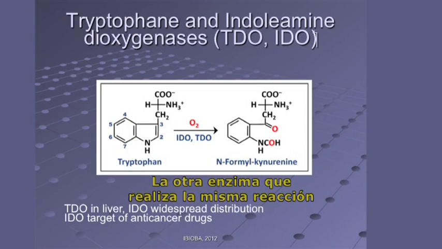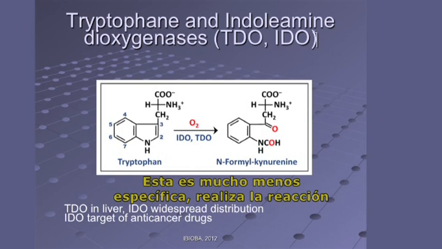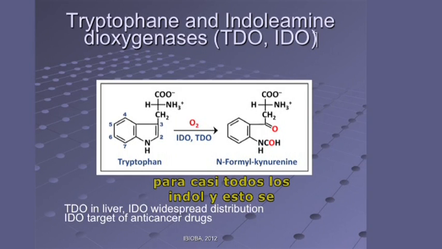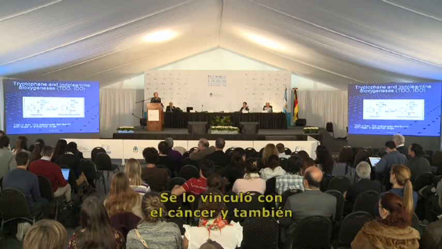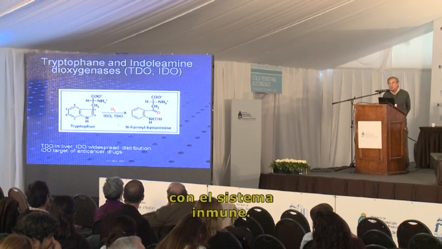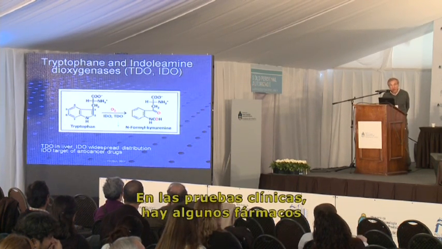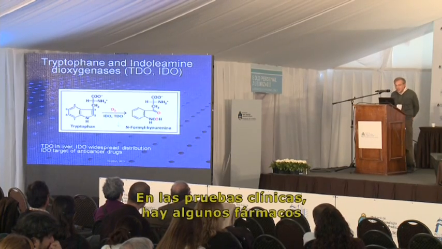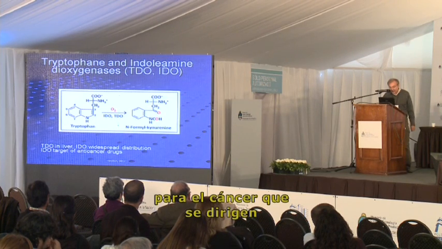The other enzyme that carries out the same reaction is called indolamine dioxygenase, IDO. It's much less specific. It carries out the reaction for almost all indoles, and it is widely distributed in the organism. It has been related to cancer and also to the immune system. There are also some drugs in clinical trials as anti-cancer drugs targeted to IDO.